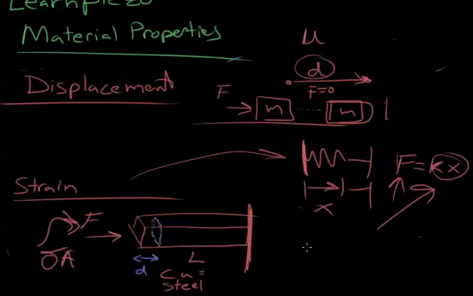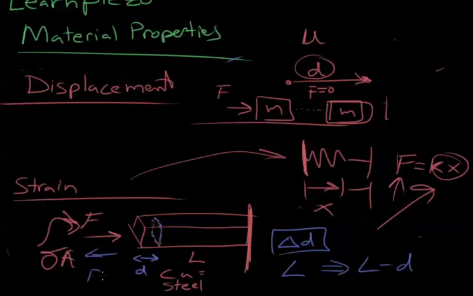D is the total change of the size of the bar. The original size was L. The new size is L minus D because we shrunk it. Or you could have pulled it the other way, and then we'd get L plus D. It doesn't make a difference for this explanation.